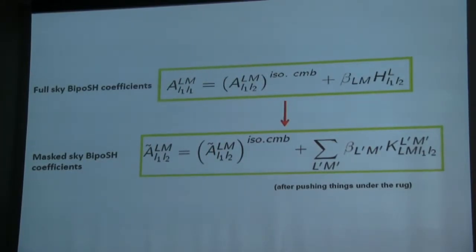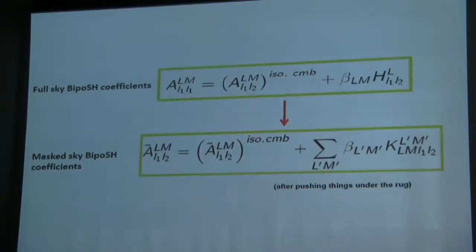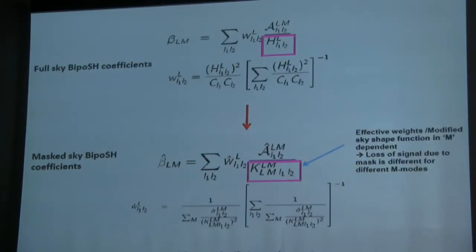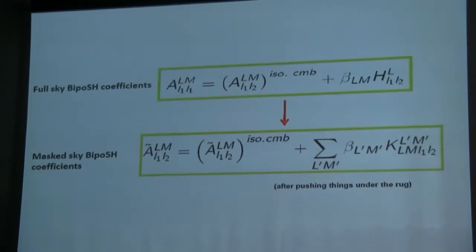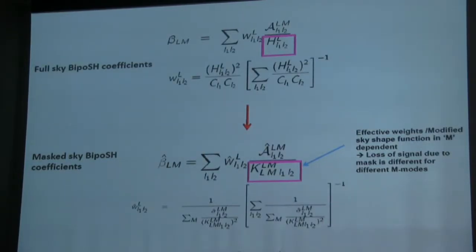Just like in the full sky case, you can again invert this relation to define your estimator for the field. Basically, you subtract this bias, which is estimated from simulations, you divide it by that shape function, and you have this expression. You can again use the Lagrange multiplier method, and you can get the appropriate weights.